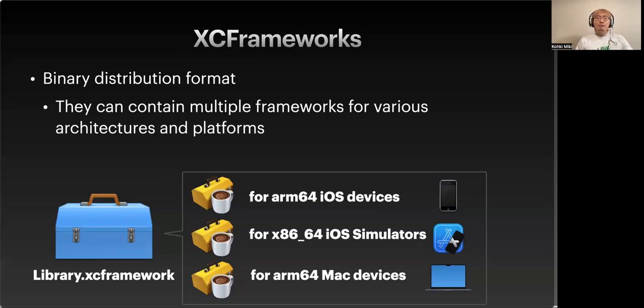For example, simulator binaries for ARM64 and x86_64 can be included in a single XCFramework. The XCFramework can be easily linked from application projects, making it very easy to handle. It also offers distributability.